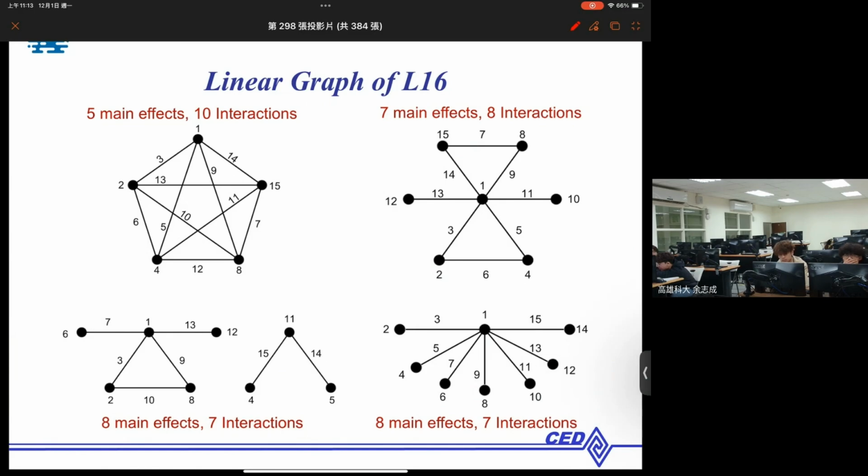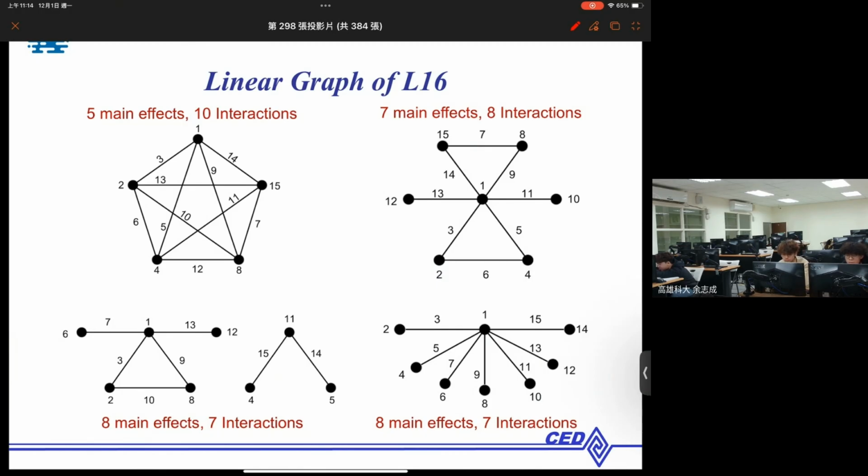All right. Let's continue. Here you can see a linear graph for L16. There are 4 linear graphs. So when you select L16, you need to find out which linear graph will be suitable.